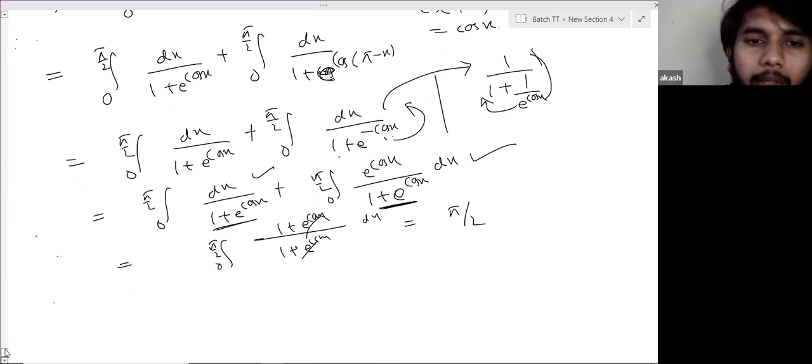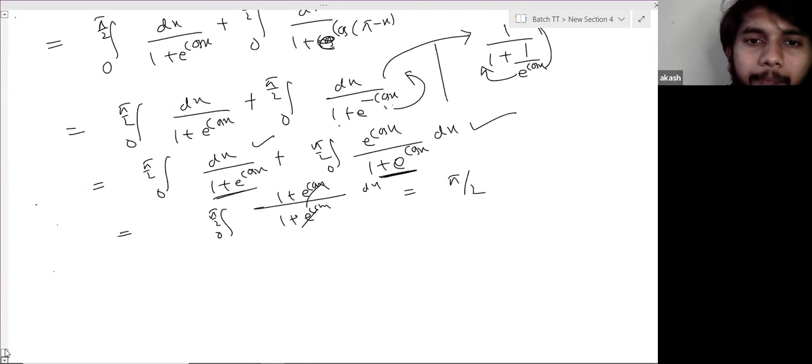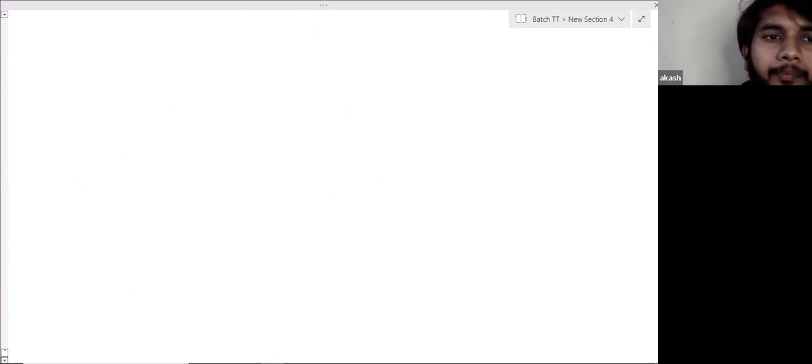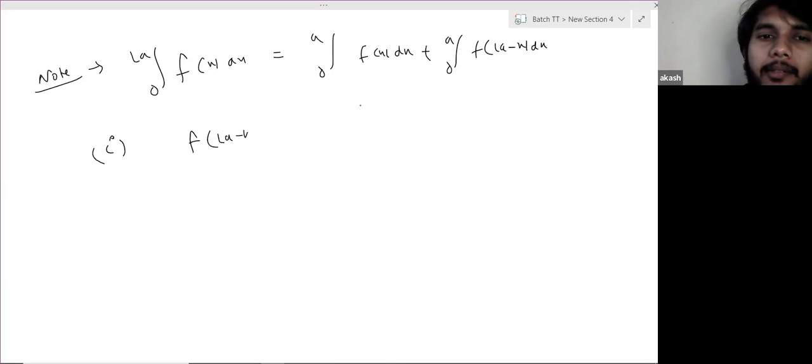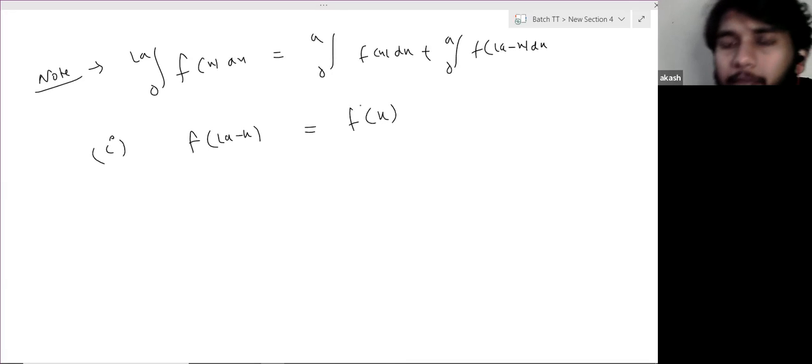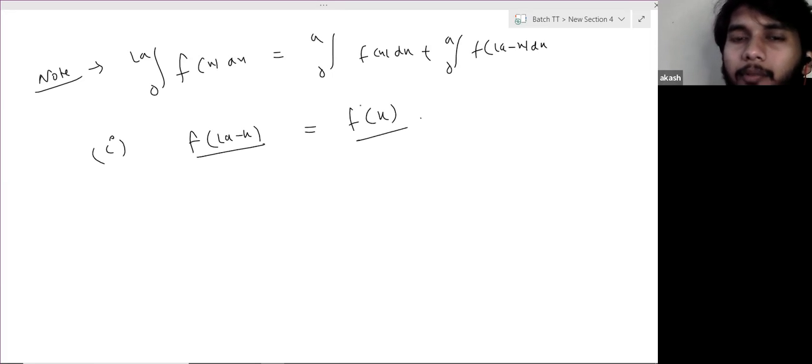There is a small note in this property. What is the property? Integral of f of x dx from 0 to 2a is equal to integral 0 to a f of x dx plus integral 0 to a f of 2a minus x dx. What happens if f of 2a minus x is f of x itself? Then obviously we can replace this with f of x.